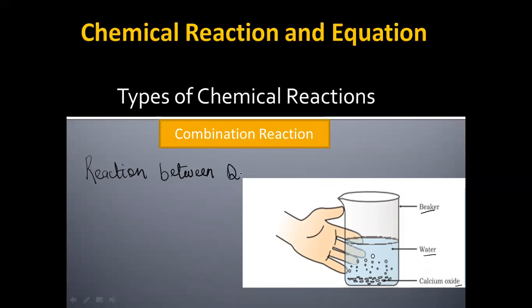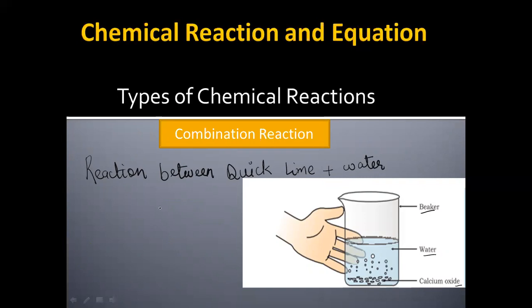Remember, the name of calcium oxide is quicklime, clearly given in your NCERT. Quicklime is reacting with water. These two substances. What happens when this reaction occurs?